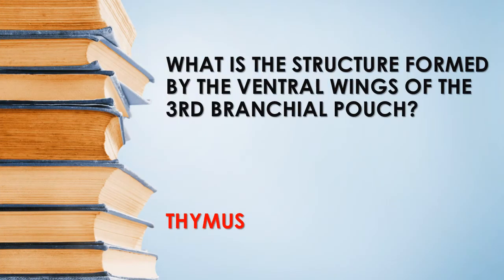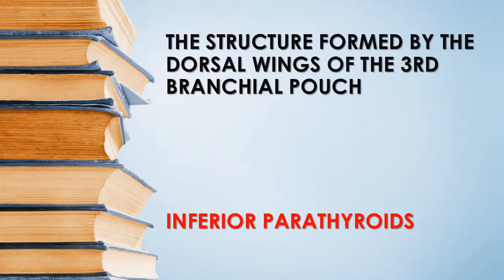What is the structure formed by the ventral wings of the third bronchial pouch? Thymus. The structure formed by the dorsal wings of the third bronchial pouch: inferior parathyroids.